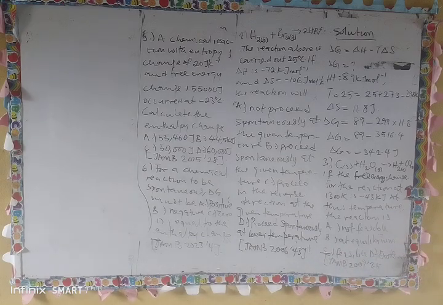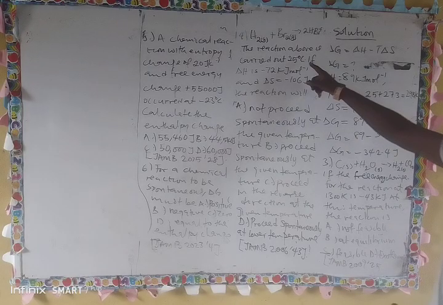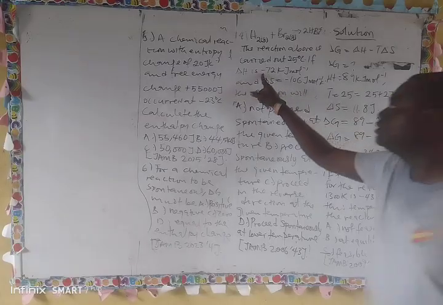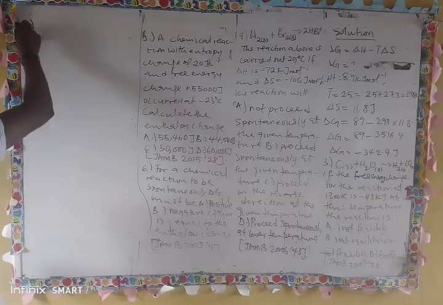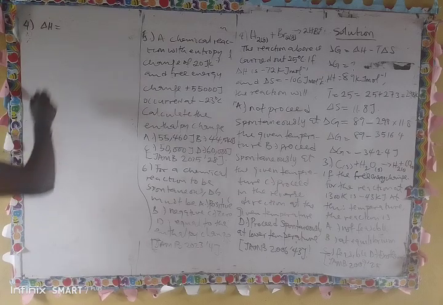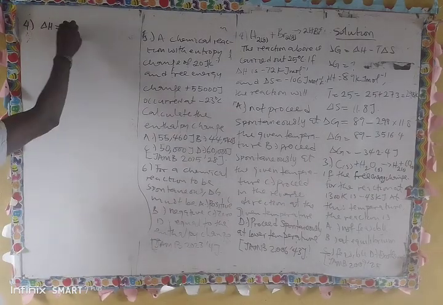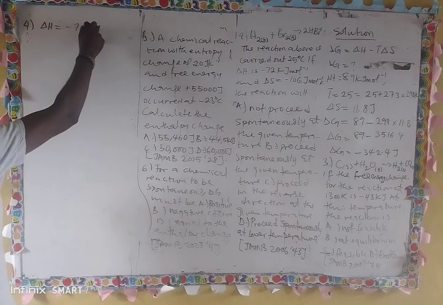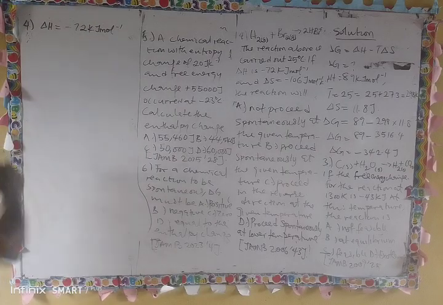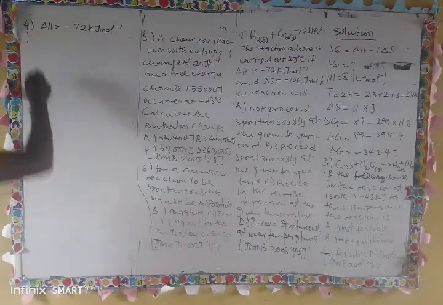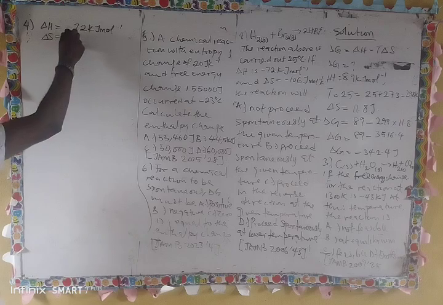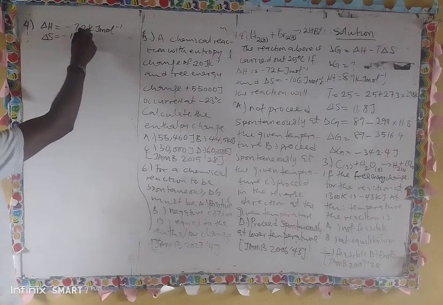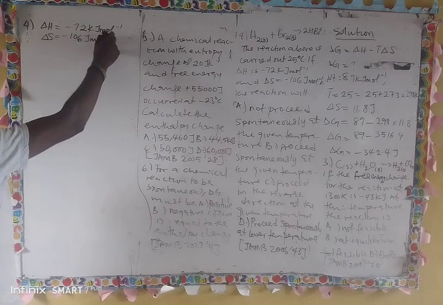Then number 4: the reaction above is carried out at 25 degrees centigrade. Let's write our parameters. Delta H is minus 72 kilojoule per mole, and delta S, the entropy, is minus 106 joule per mole per Kelvin.